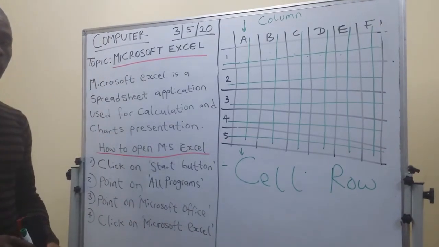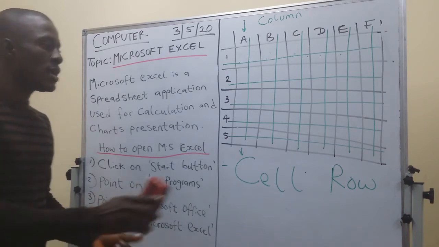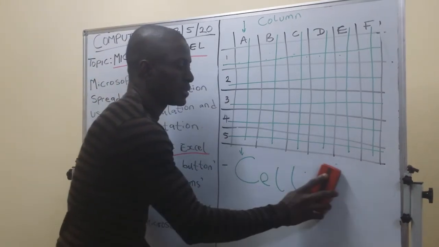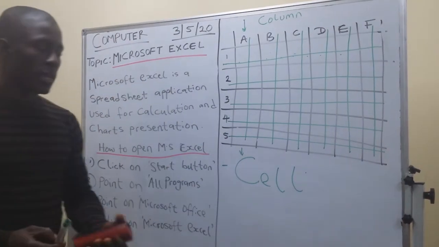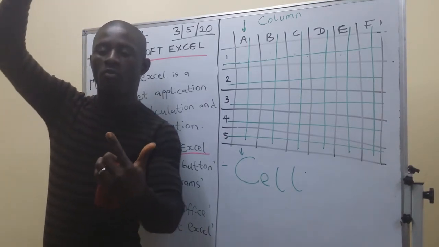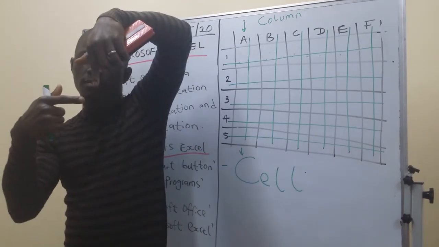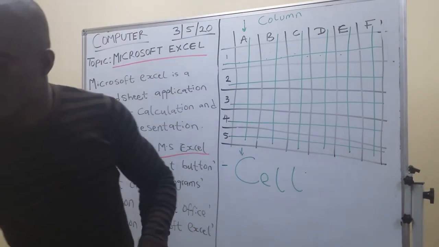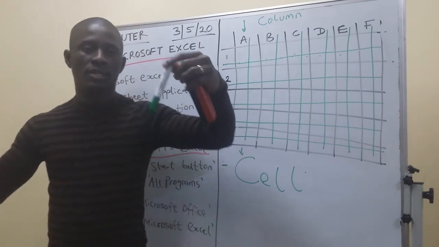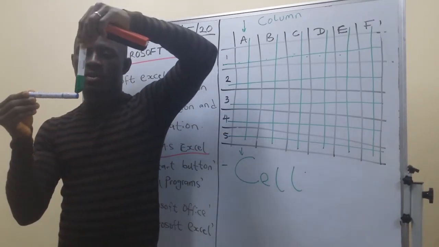Is that clear? Now, what is a cell? A cell is the meeting point of rows and column.